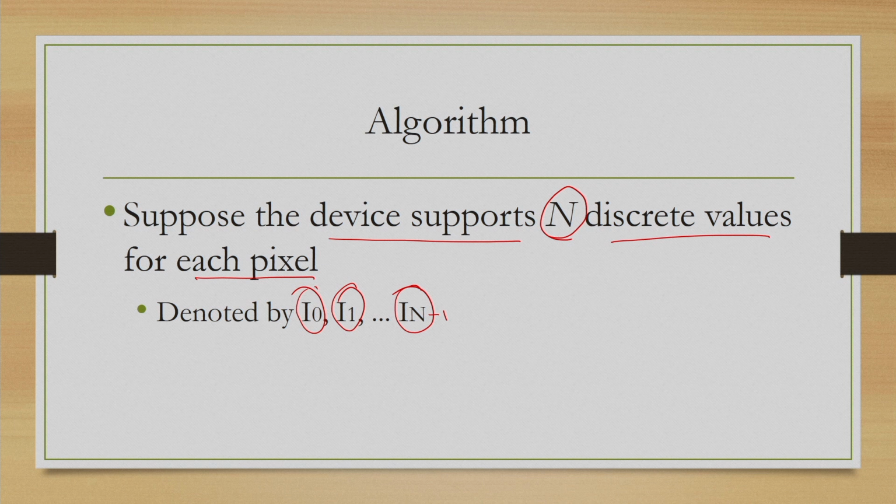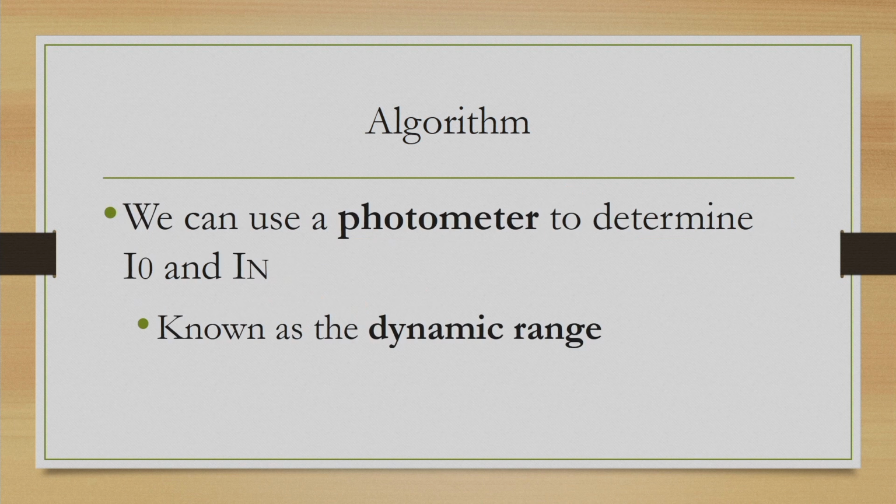There are n discrete values. Now, we can use a particular device called a photometer to determine the boundary values, that is I0 and In minus 1.